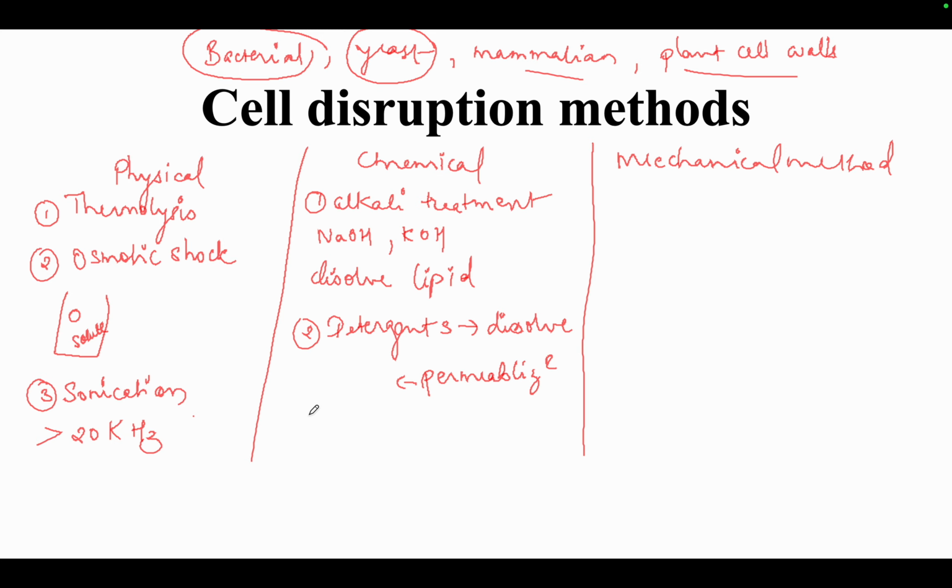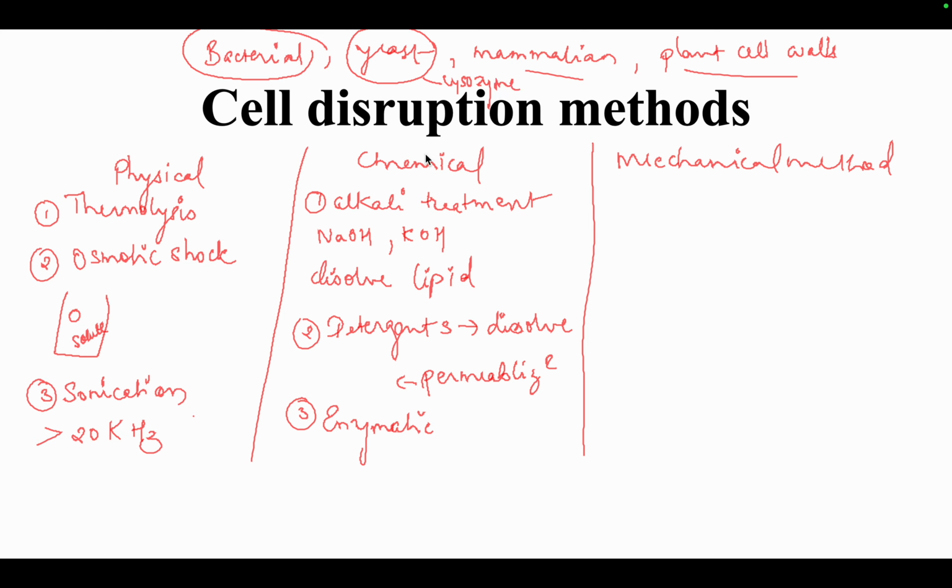And the third, a very important chemical method, is enzymatic digestion. In enzymatic digestion, we use different enzymes. Like we studied last time, for cell disruption in yeast we use the lysozyme method, right?